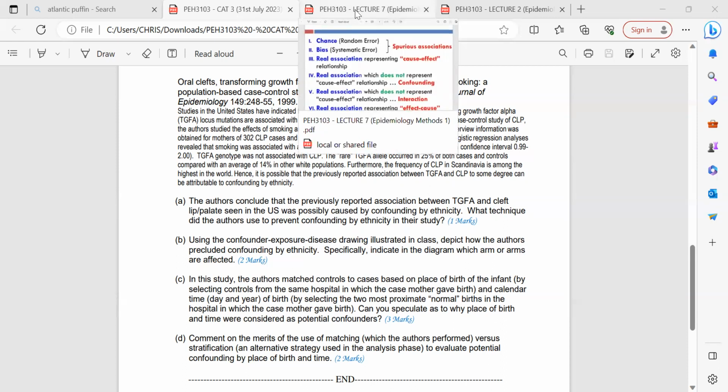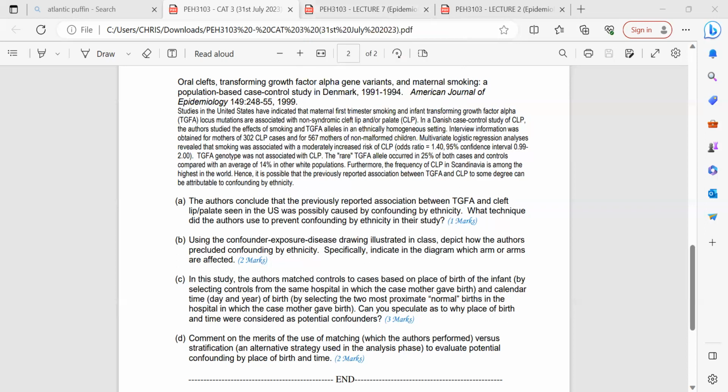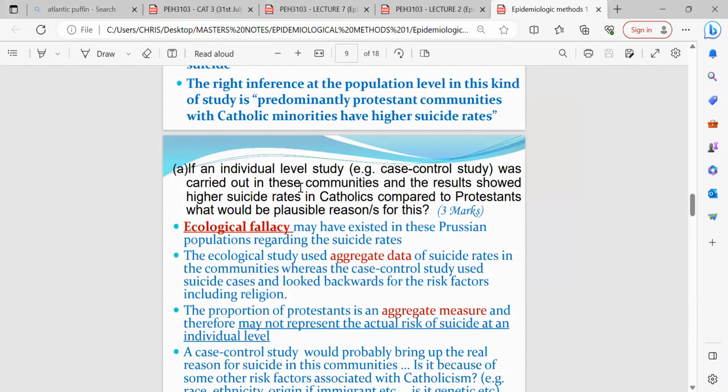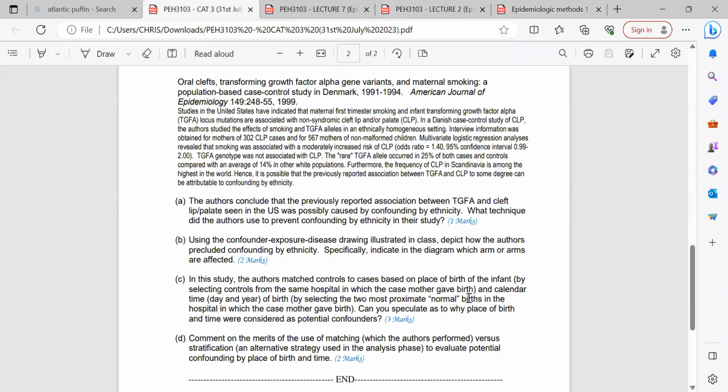Let me bring up the lecture so we can draw it practically. Okay, we should identify our exposure here. The exposure is TGFA. So TGFA is our exposure.